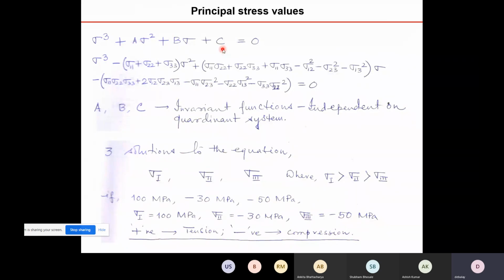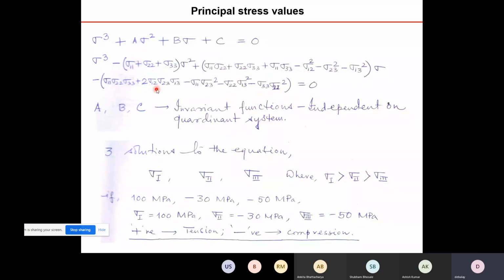You will get it, where a is represented by the component values 1 1 plus 2 2 plus 3 3. B is represented by the more component values: 1 1 into 2 2, 2 2 into 3 3, 1 1 into 3 3, minus 1 2 square, minus 2 3 square, minus 1 3 square. So this is the B. And this is C, 1 1, 2 2, 3 3, like that.